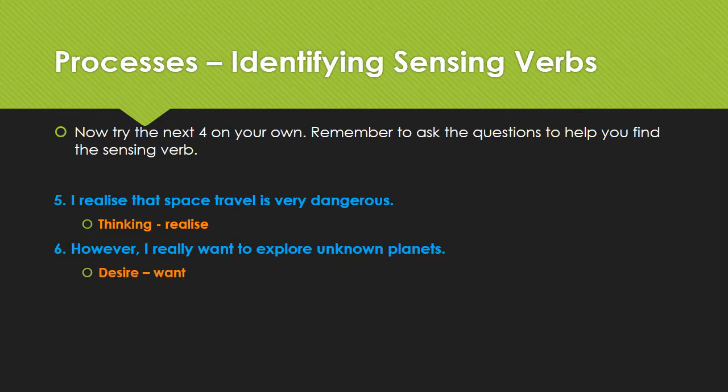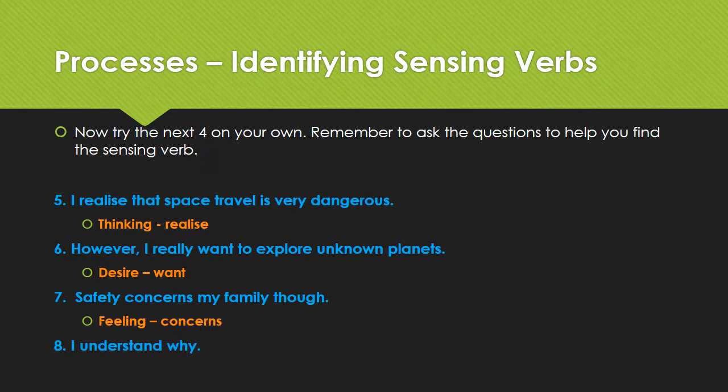Here, the sensing process is a desire. The word is want. Safety concerns my family though. Here it is a feeling of concern. And number 8, I understand why. It's a thinking, sensing process, and the word is understand.